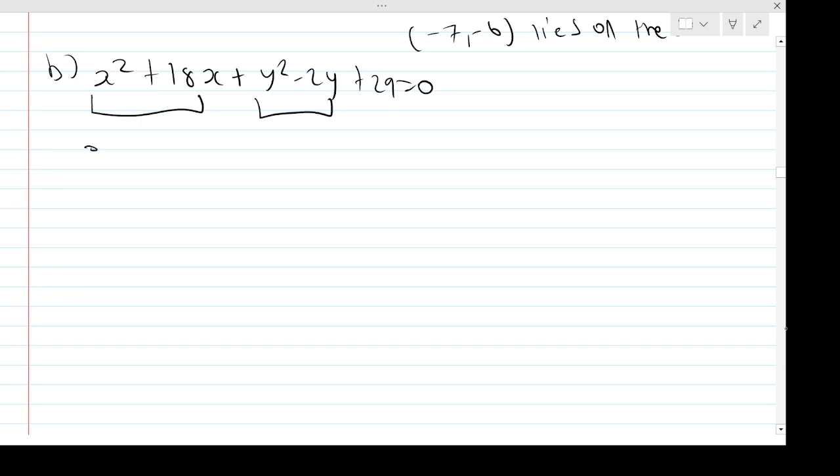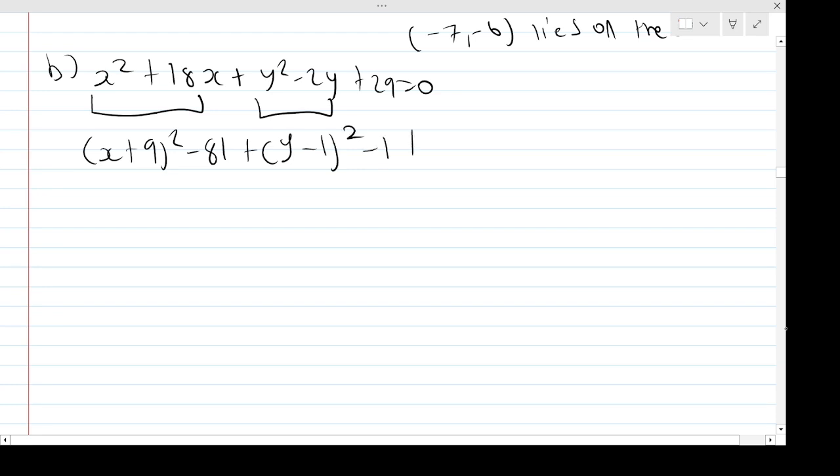So I get x, and then half of 18 is plus 9, all squared, take away 9 squared is 81. Then I complete the square on y, so y, and then half of minus 2 is minus 1, all squared, take away 1 squared is 1. Add 29 equals 0. Then I get (x plus 9) all squared plus (y minus 1) all squared, and adding the numbers together, I get minus 81 minus 1 add 29, that's minus 53 equals 0.